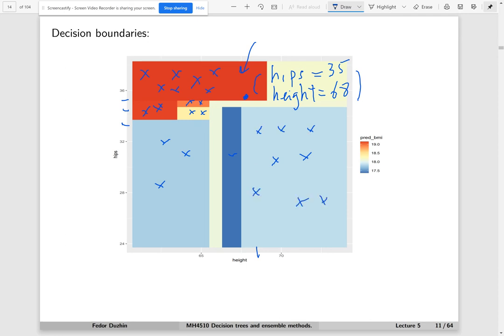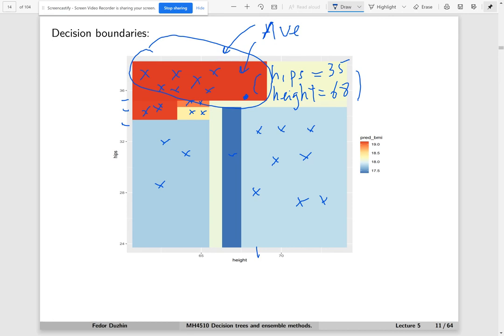So what the decision tree does is figure out which of these decision regions the new observation belongs to, and once it is identified, the prediction is just the mean or the average value of all the training observations that live in that region.